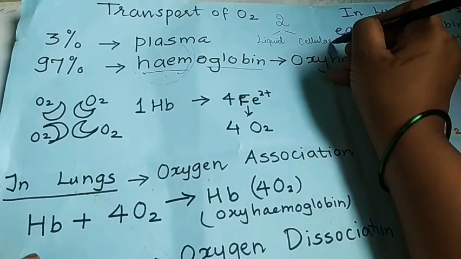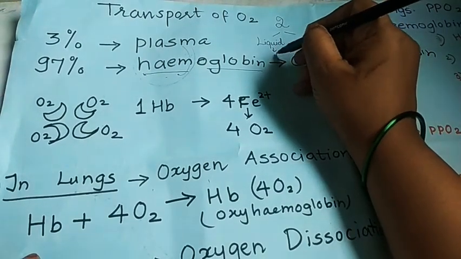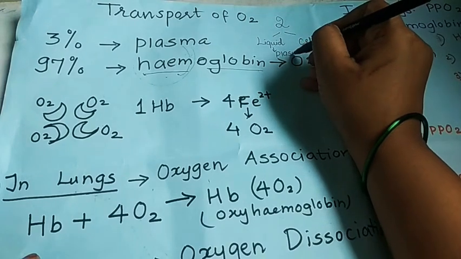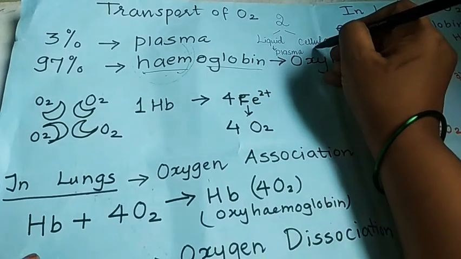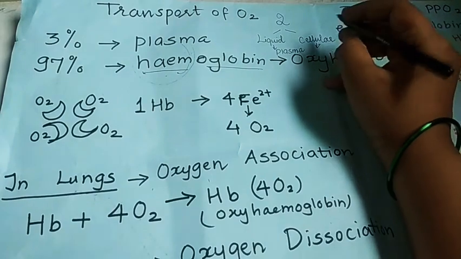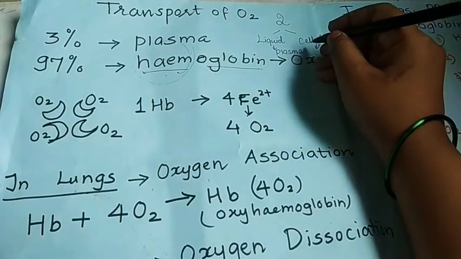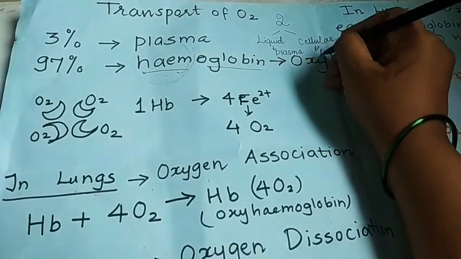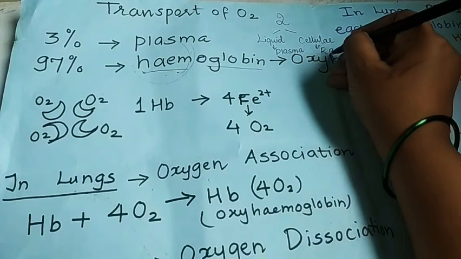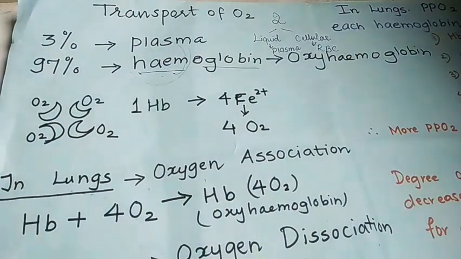Liquid part of the blood is called plasma, and the cellular part is having many things. But here when we talk about transport of oxygen, who is involved? It is RBC. Cellular part is having RBC, WBC and platelets. Out of these three, RBC plays an important role in transport of oxygen from the lungs to the tissue.